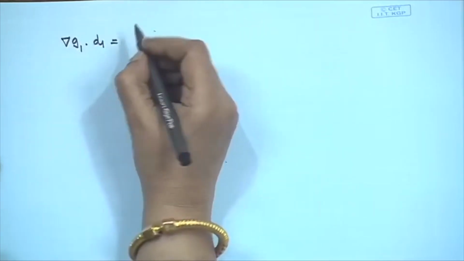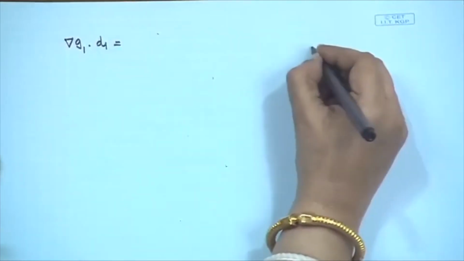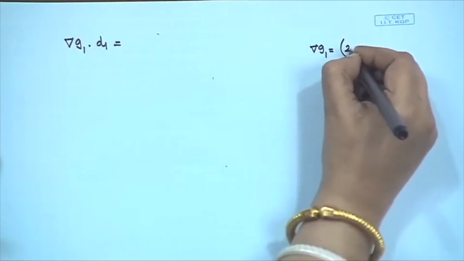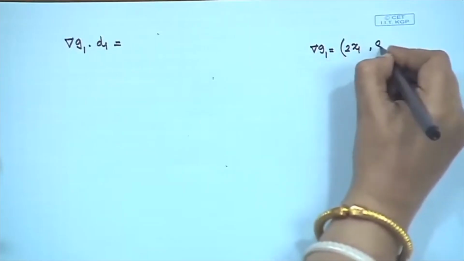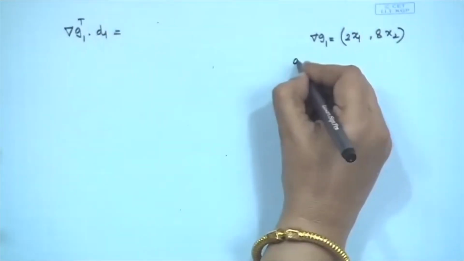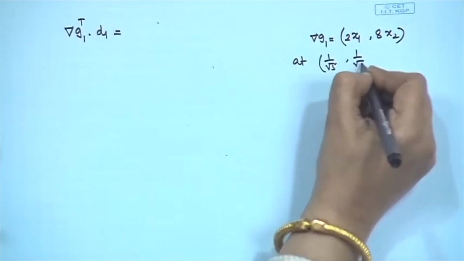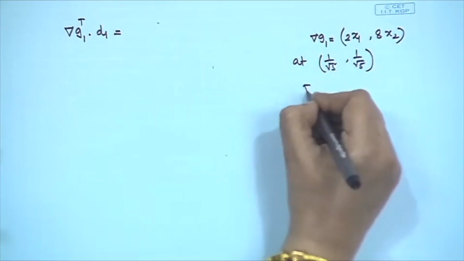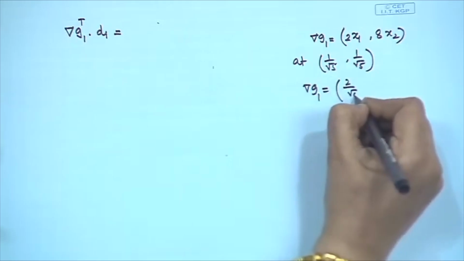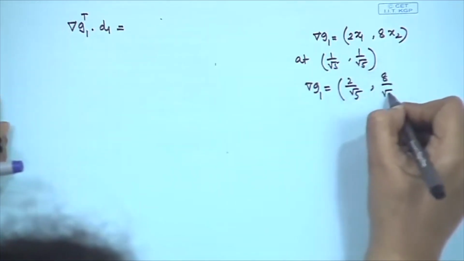Now, grad of G1, we did not find it out just now. Grad of G1 is equal to 2x1, 8x2. Now, at 1 by root 5, grad G1 value is coming as 2 by root 5 and 8 by root 5.